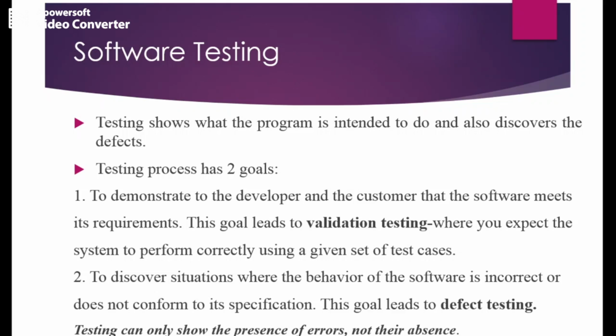So you'll get to know what your program is going to do. What is the purpose of that program? And also at the same time it discovers the defects. Defects means those are errors. So it highlights the errors or bugs if at all it is present.